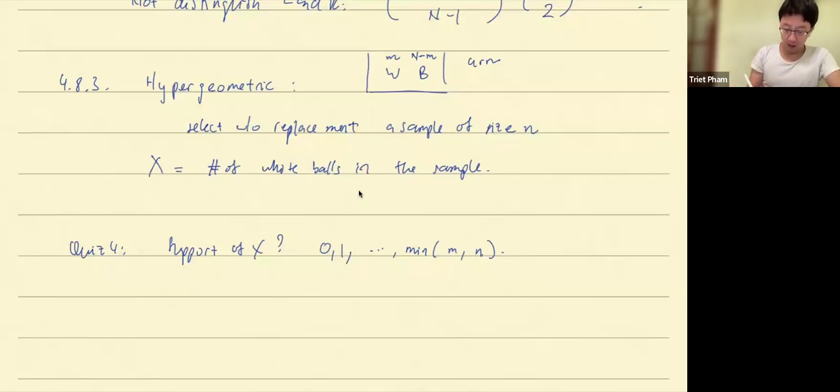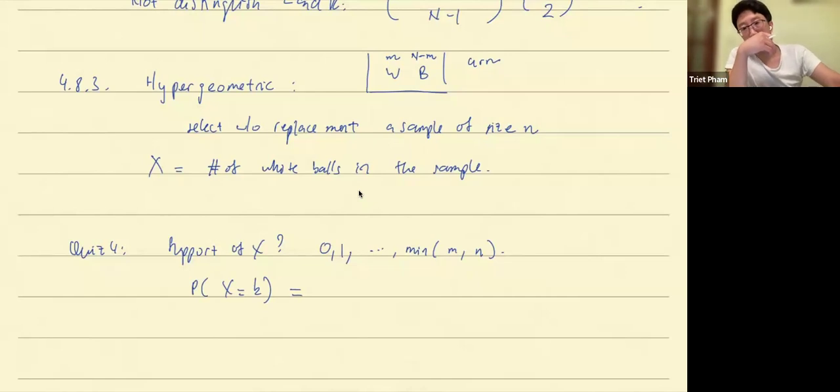Now, in terms of the mass function, what's the probability X takes on any of these values? Well, it's your good old counting problem.